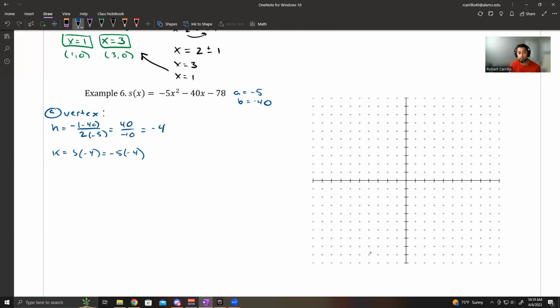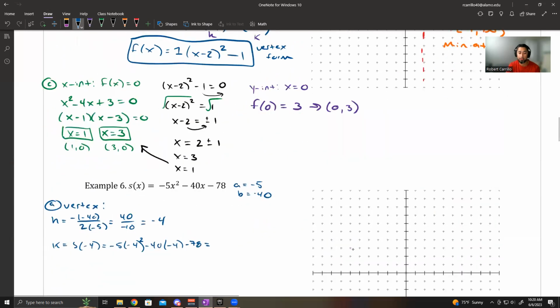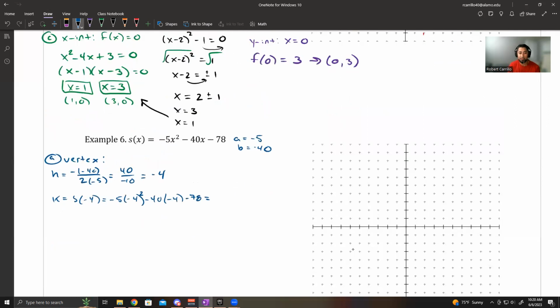All right, -5 times 4 minus 40 times -4 minus 78. And that is, oh, can't forget the square. I didn't forget the square in the last one, right? No, we did it. Okay. So that'd be -5. See, calculator comes in handy here, right? Just punch all this in.